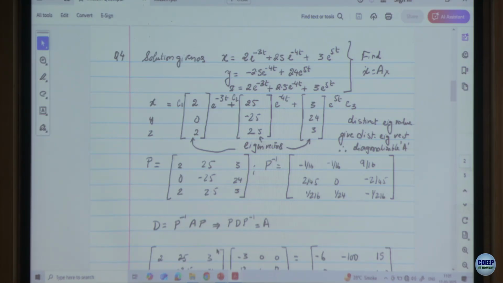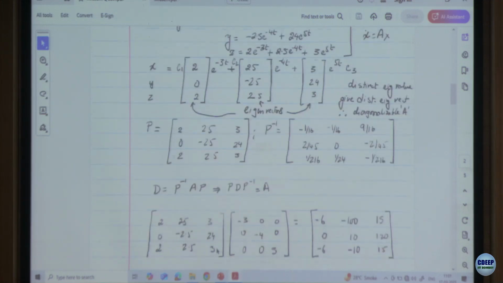What you were expected to figure out was that the solution looks like a solution where the eigenvectors are distinct and the eigenvalues are given up there, and therefore the matrix is a diagonalizable matrix. Okay. So once you have realized that, you just had to go ahead and take the inverse and obtain the solution. Many of you have done that.